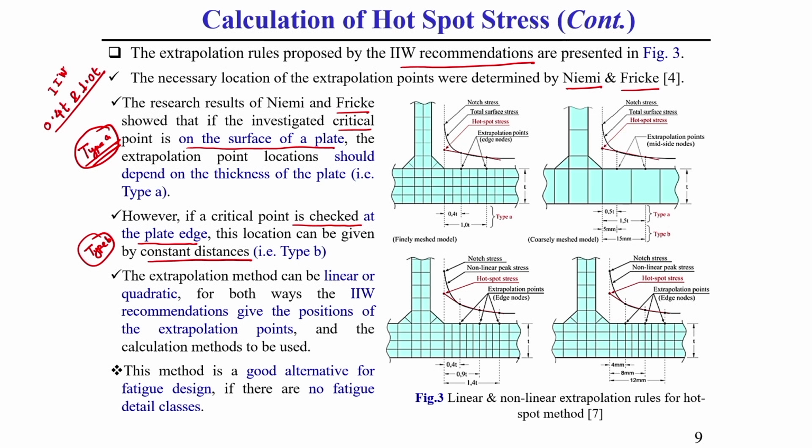Okay. Similarly, for other classification societies, the type A stress value we can calculate by using 0.5 T and 1.5 T distances. So, in this case type A stress we can calculate at a distance of 0.5 T and 1.5 T. By using these 2-point stress values we can extrapolate the data up to the toe point and calculate the fatigue hot spot stress value.